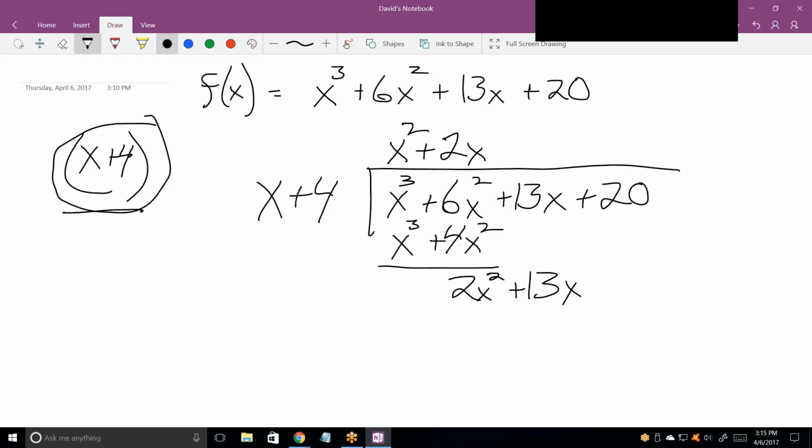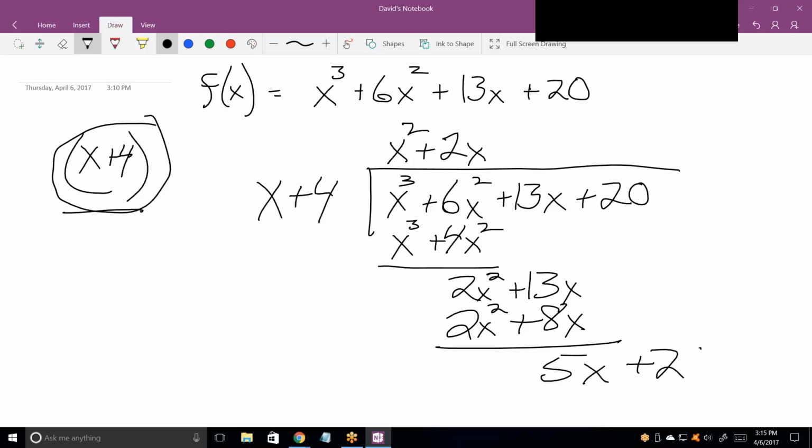Now I've got to multiply 2x by both terms, and subtract. And that's 5x. Bring down the next term. Repeat. And now we're done.